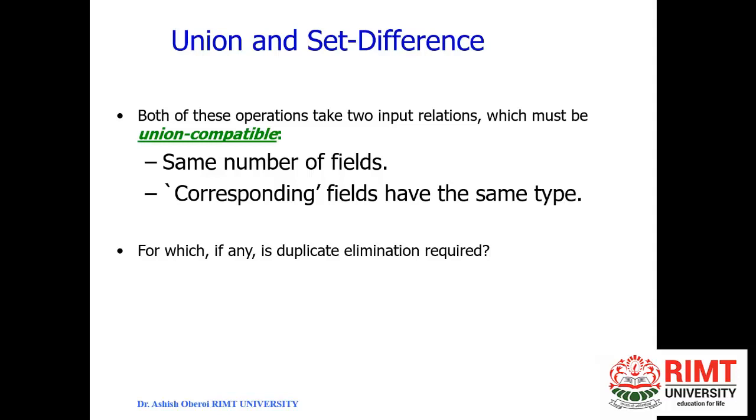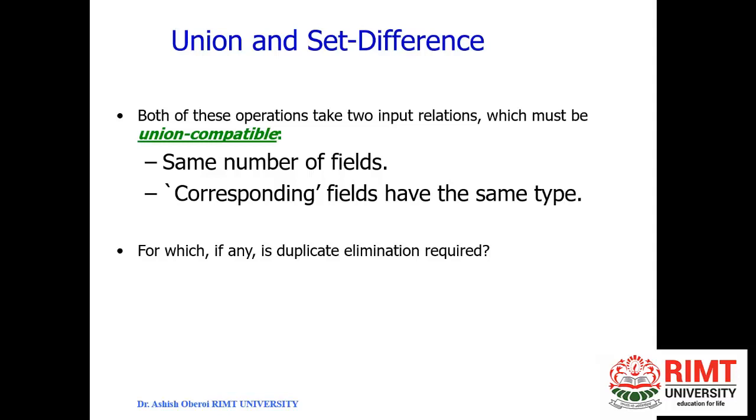Clear? So what is the meaning of union compatible? Both the tables, both the relations, must have the same number of fields. Clear? And the corresponding fields of both tables must have the same type, meaning the data type of the fields must be the same. For example, if S1 table has 3 fields, then the other table S2 must also have 3 fields.